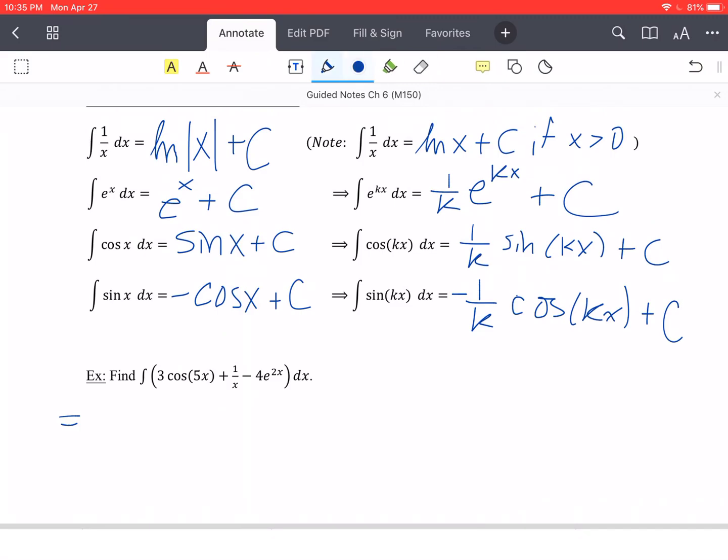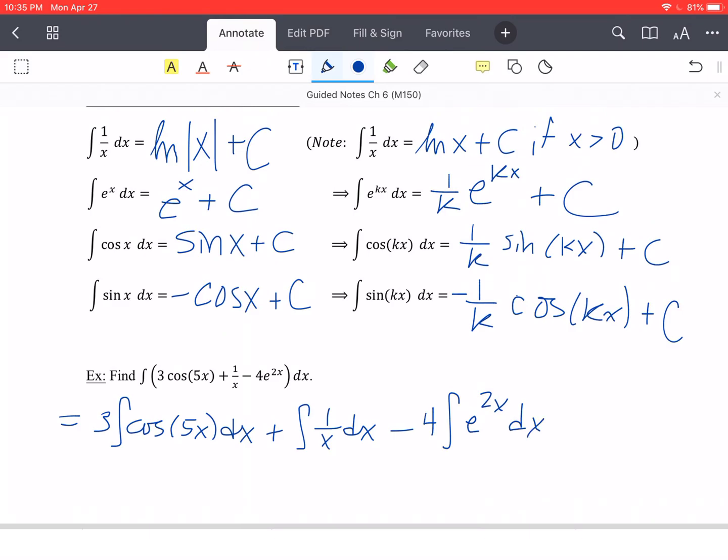In the first integral, I can pull the 3 out, so I get 3 times the integral of cosine of 5x dx, plus the integral of 1 over x dx, nothing more I can do to that one, minus, notice the 4 here, I can pull that out to the front, the integral of e to the 2x dx.